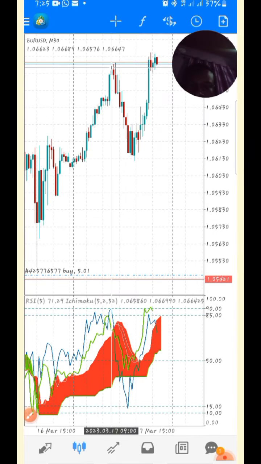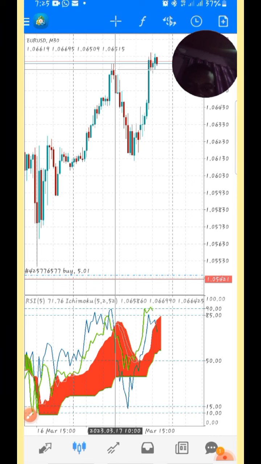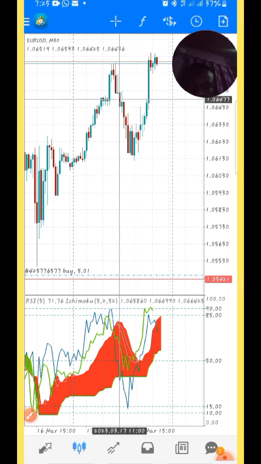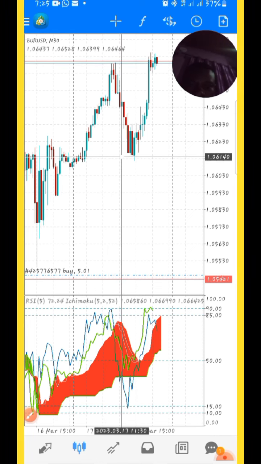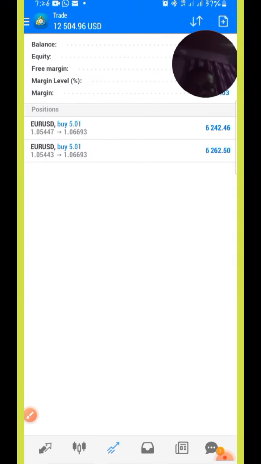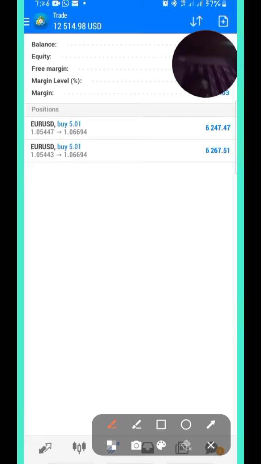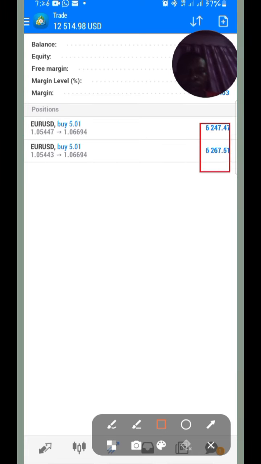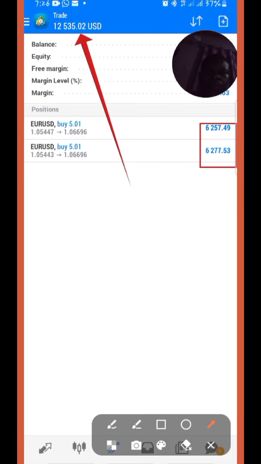And whenever I have such a confirmation, I usually take an aggressive entry, if I have enough capital. So you can see here that I made entry with 5 lot size, just 2 entries, instead of having multiple entries of 2 lot size or 1 lot size.